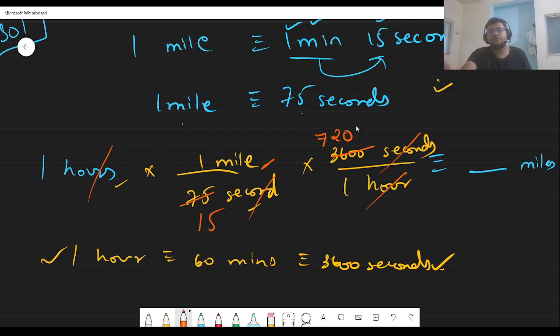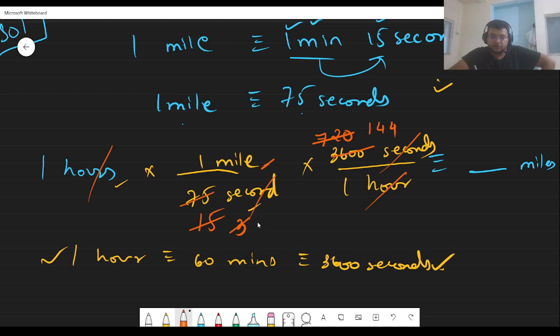Further, 5 3s are 15, 5 1s are 5, 4. If you multiply 144 by 5, you will get 720.